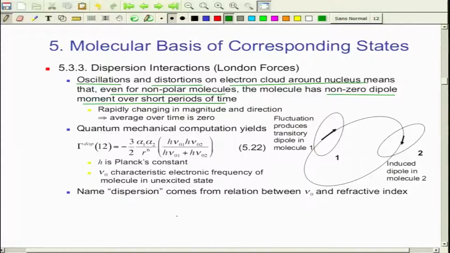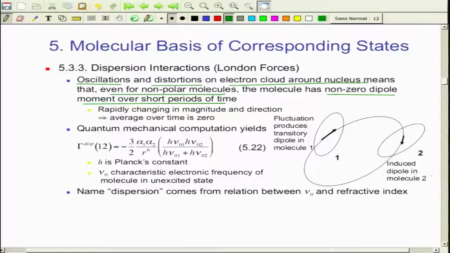The way you can understand it is that you have a molecule 1 which is non-polar. The electronic cloud will fluctuate, and because of the fluctuations you will have a transient dipole which will cause an electric field, and this will induce a dipole in molecule 2.